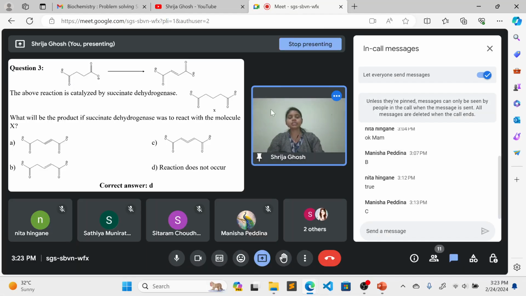Do you understand? Every enzyme is specific towards its substrate. So if you give an enzyme some other substrate which is mimicking the structure, if I try to do the catalysis with a molecule which is mimicking the substrate structure, even then the enzyme won't be able to catalyze the reaction.